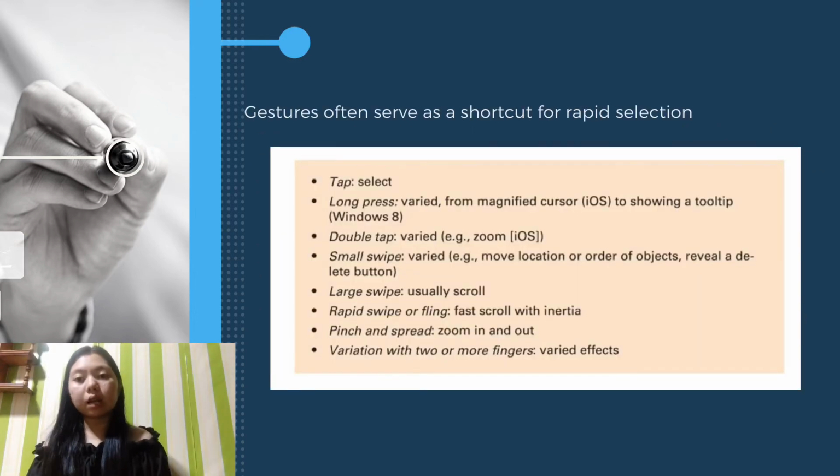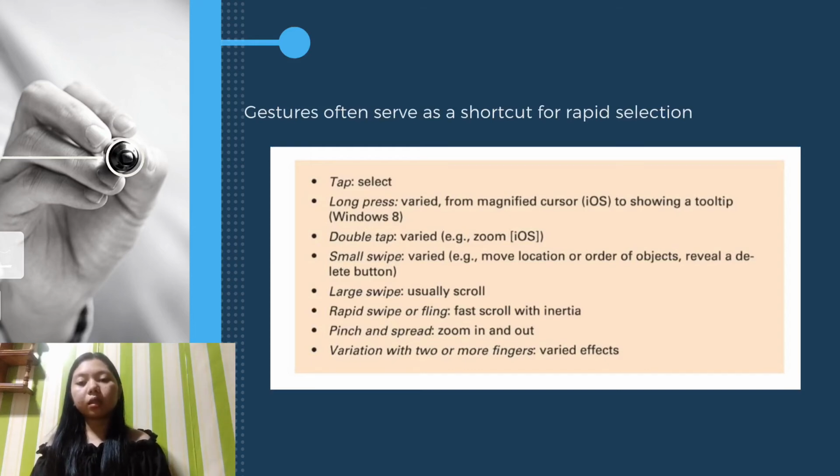Gestures often serve as a shortcut for rapid selection. Box 8.1 Examples of common gestures and their effects. Gestures can speed interaction and their directness is compelling, but they are hard to discover.